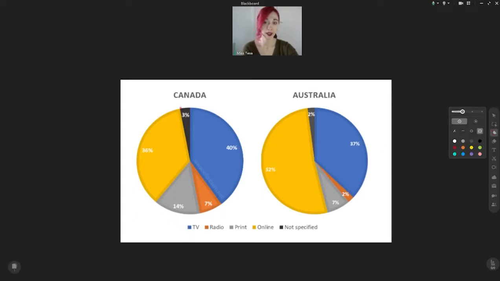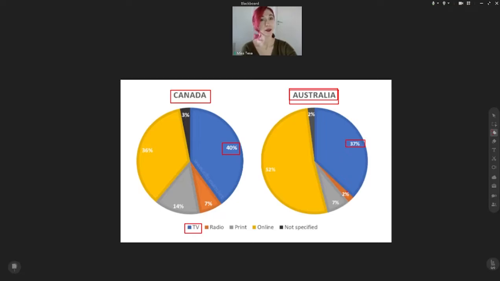So we can see that, for example, in Canada, 40% of people consume television. But in Australia, 37% of the people consume television, right? So this is key information because it's such a large part of the pie graph, okay?